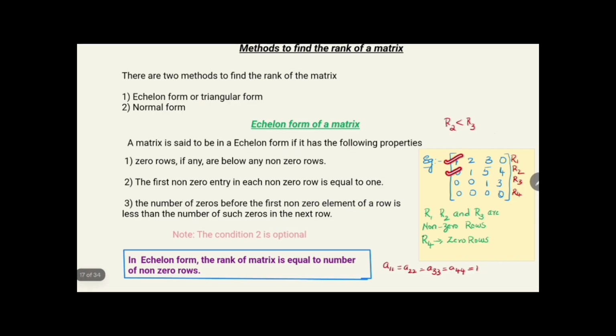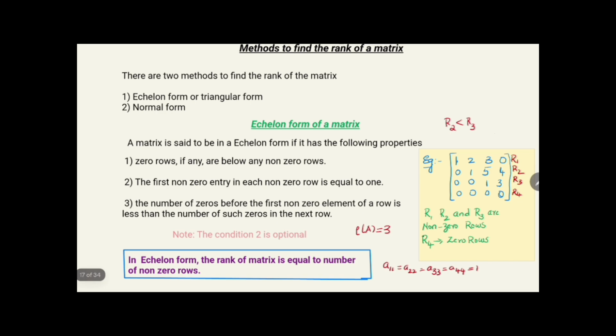R1 is a non-zero row, R2 and R3 are non-zero rows. So totally how many non-zero rows do we have? 3 non-zero rows. So directly we can say that the rank of this matrix is 3. Simply, the number of non-zero rows is called the rank of a matrix in echelon form.